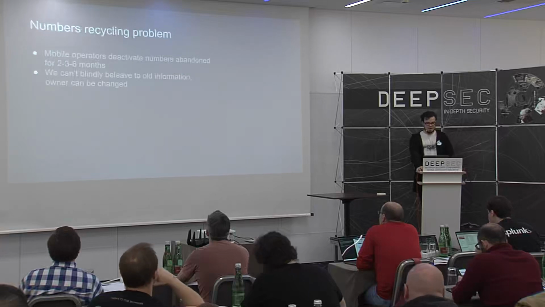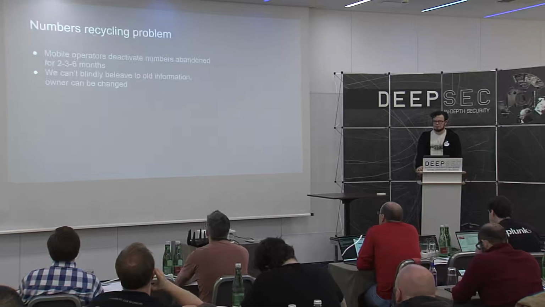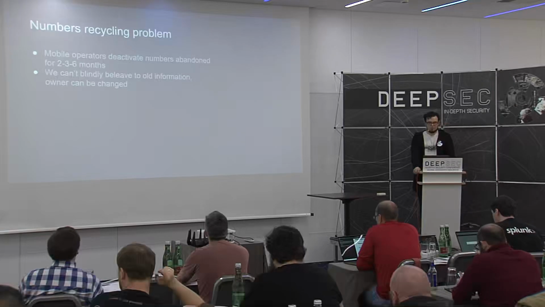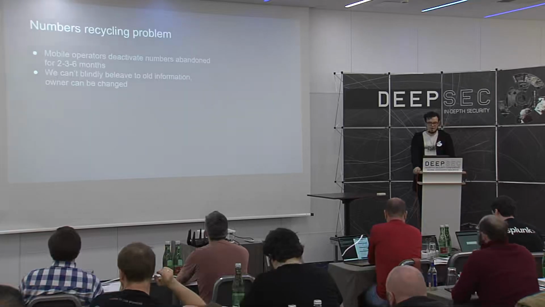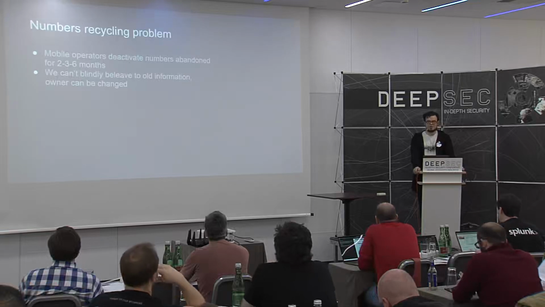And we have the number recycling problem. Maybe it is the most important problem when we're trying to make a classification. Because usually mobile operators try to save the phone numbers database. And that means that if you don't use the phone number, they will try to get it back.